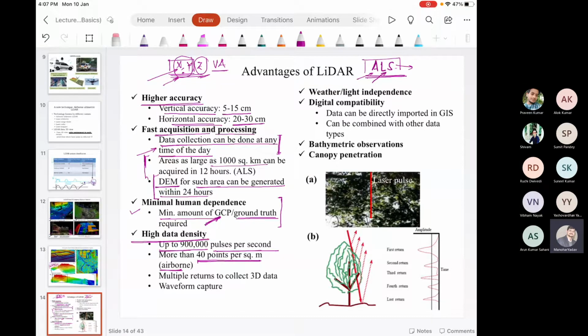These are the additional parameters on which point density depends. The important point is this multiple return to collect the 3D data. This is a special property of LiDAR based operation. The waveform capture and multiple return.